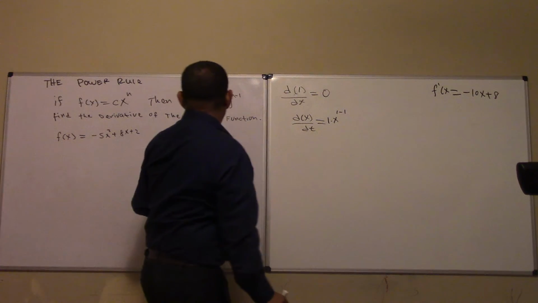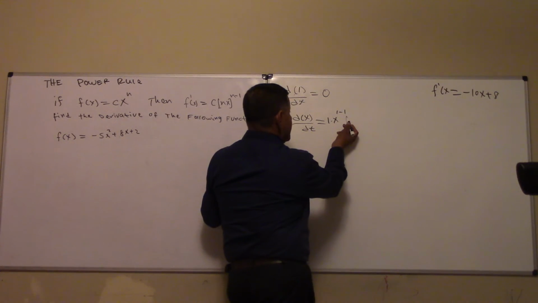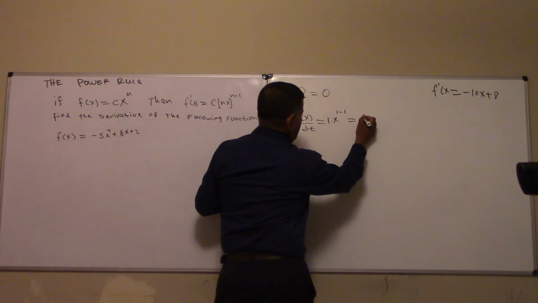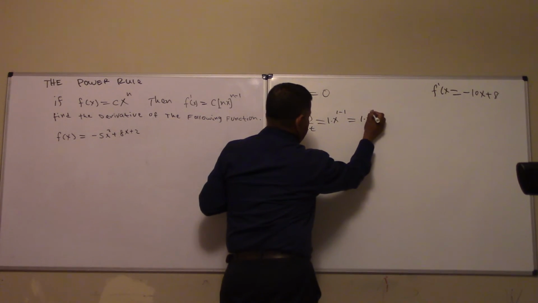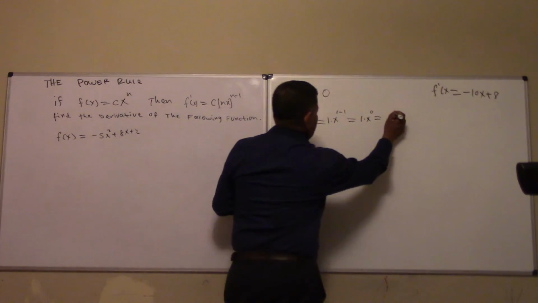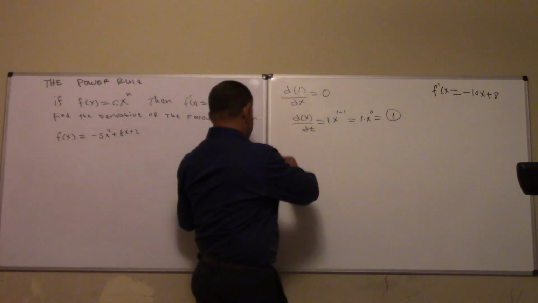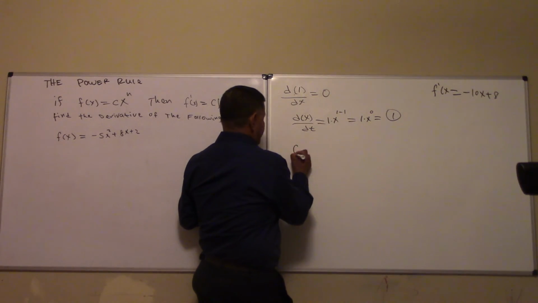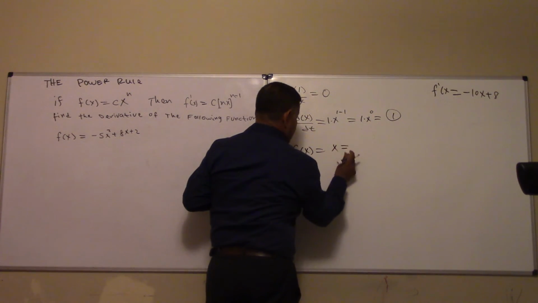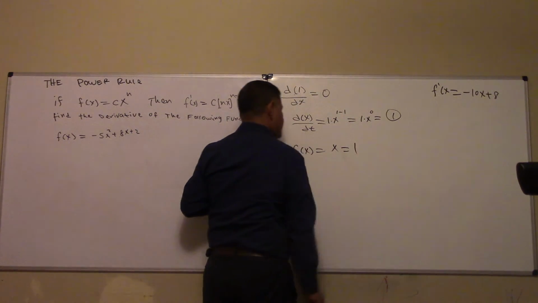So basically, if I take 1 away from 1, it becomes 1 times x to the 0 power, and any number or any variable to the 0 power is 1, right? So the derivative of the function x is basically 1. That's it.